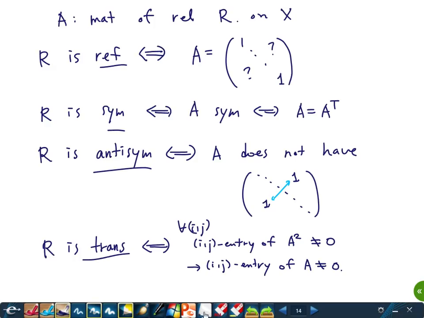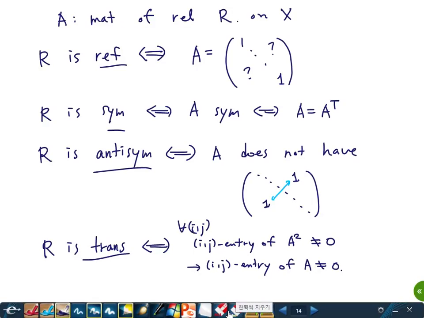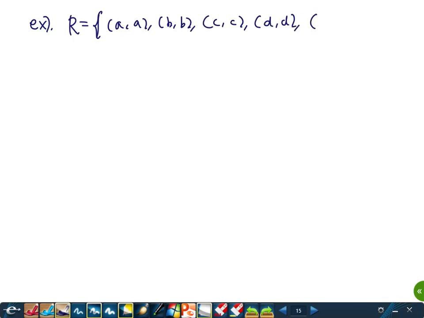All right, now let's see one more example about transitivity, because here we just saw something that's not transitive. You can show that something is transitive using this. I'm going to do this on the next page. R contains (A,A), (B,B), (C,C), (D,D), (B,C), (C,B).